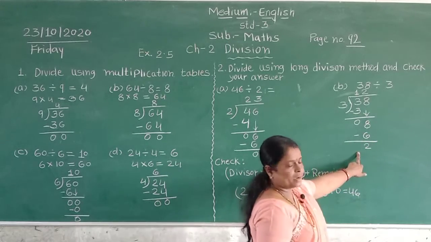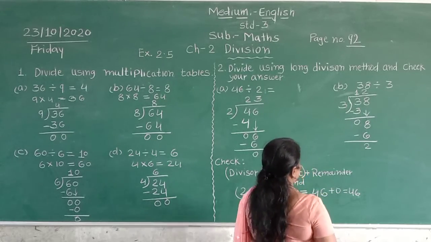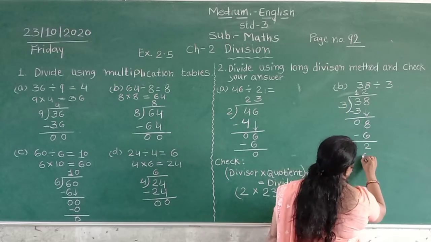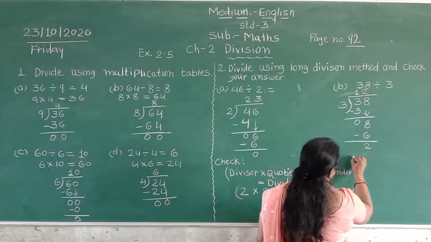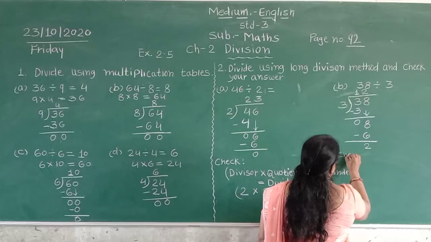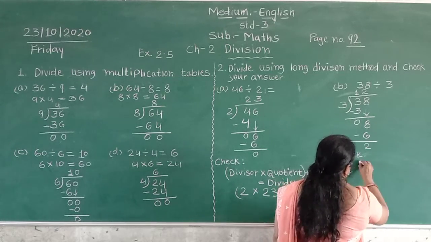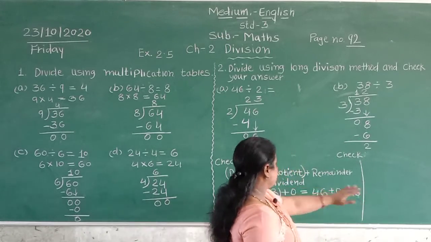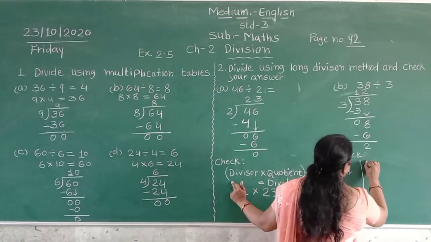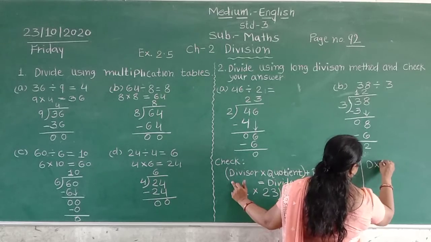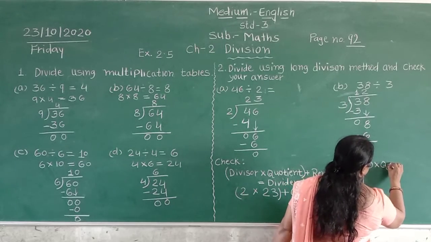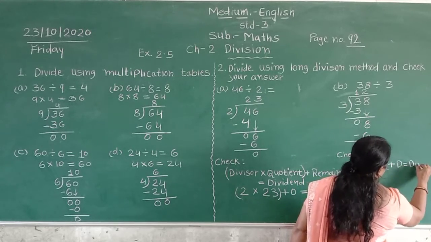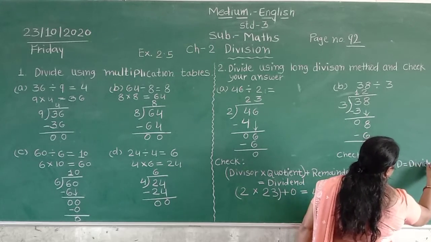Here the remainder is 2. Now we check our answer. We write the short form: divisor multiply quotient plus remainder equal dividend.